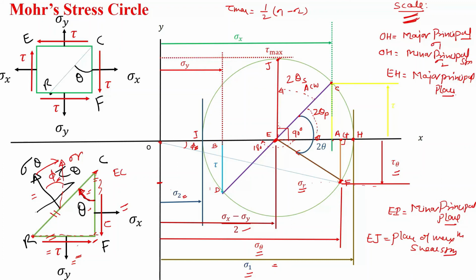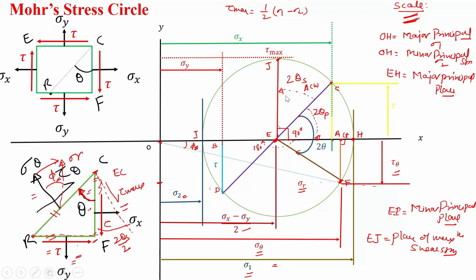So we can mark it somewhere here. This would be 2 theta S divided by 2, because in the stress element we have to represent half of the angle measured in the Mohr circle. So this would be the plane of maximum shear stress, and the value is positive. So we can mark here the value of tau max. This would be theta S.